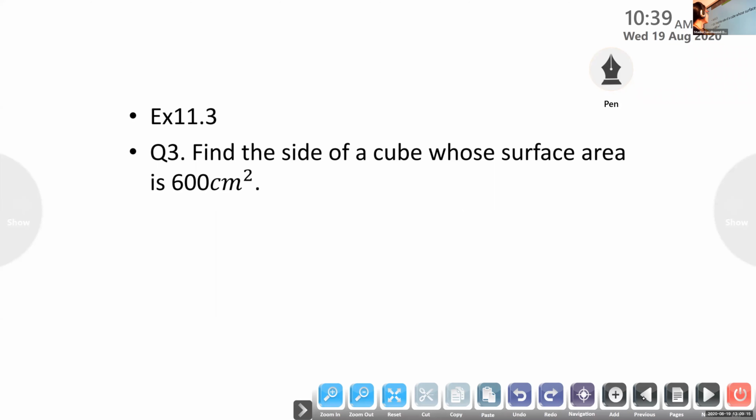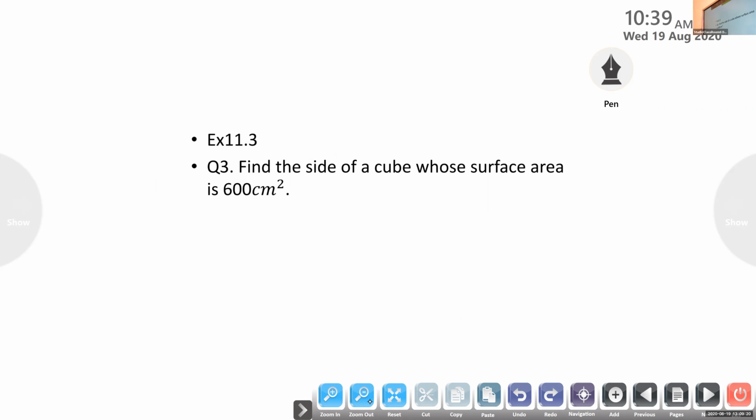Find the side of a cube whose surface area is 600 centimeters square.